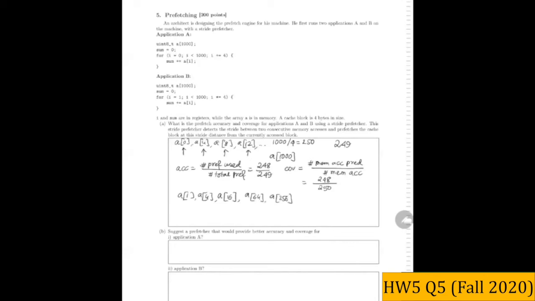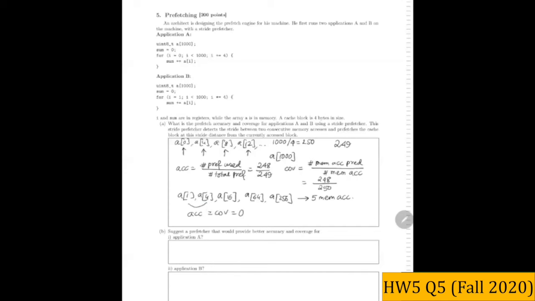So in total, the program would make only 5 memory accesses. But in this case, there won't be a constant stride between these accesses. As a result, the stride prefetcher cannot prefetch any of the cache lines, and the prefetch accuracy as well as coverage will both be 0 for application B.